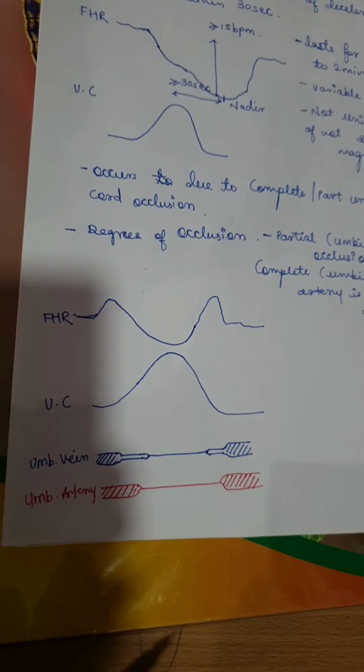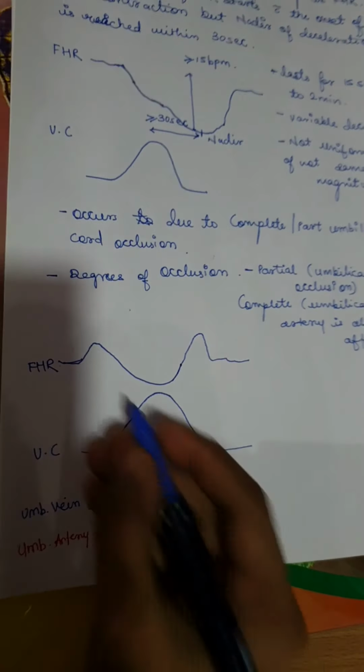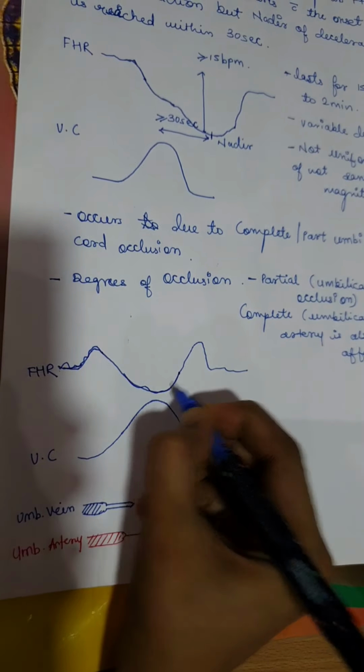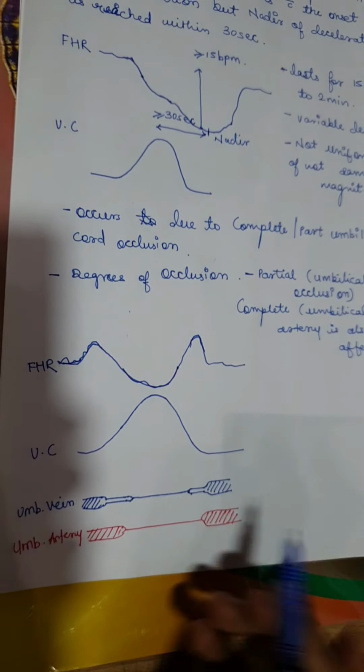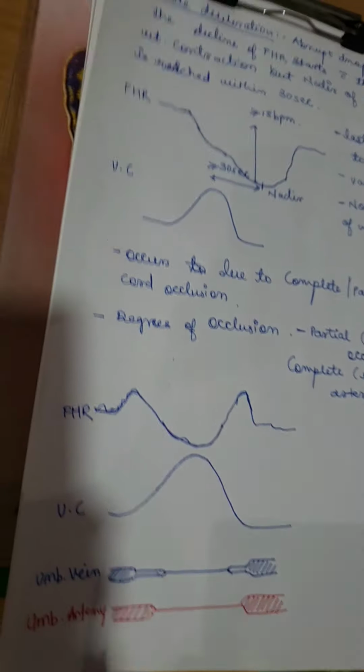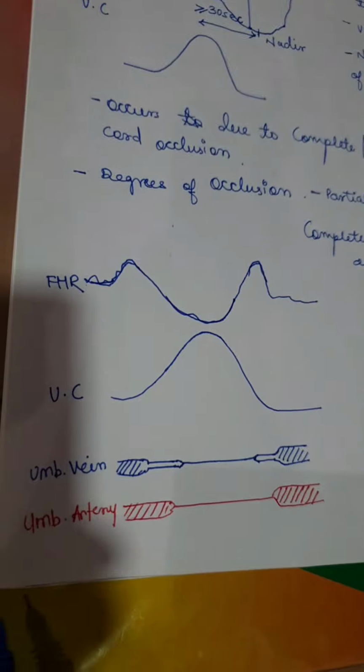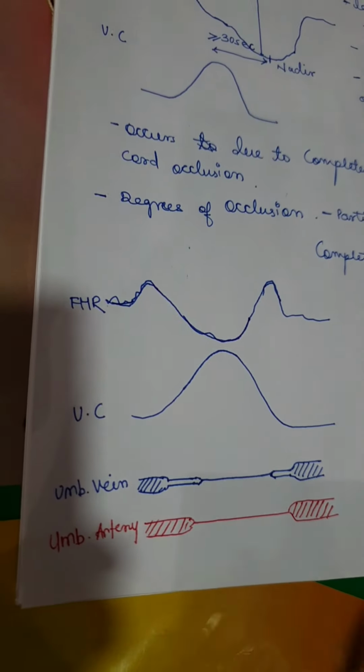Now see here, I have drawn a diagram. This is the fetal heart rate, okay, and this is the uterine contractions. This blue pen resembles the umbilical vein, and the red pen shows the umbilical artery.